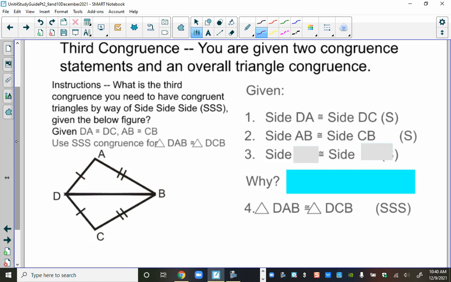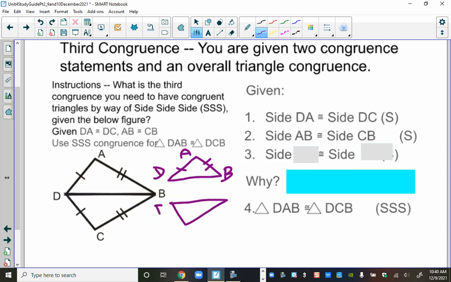Now, if we break up the triangle, and I figure we'll end these types of problems on an easy note, in both cases, for both triangles, what two letters appear in both triangles? D and B. That's right.